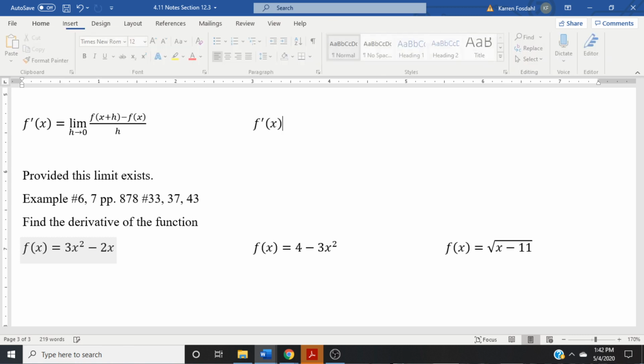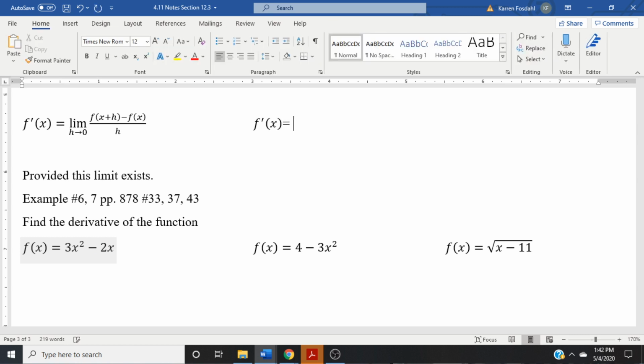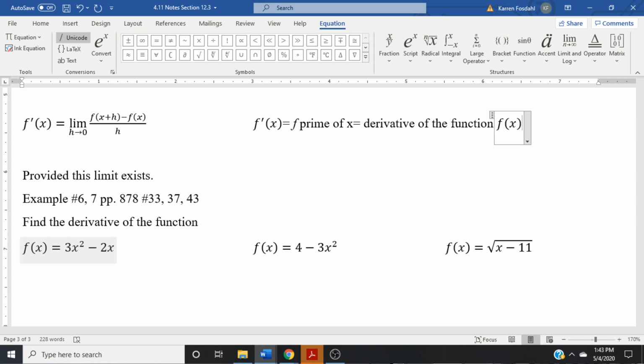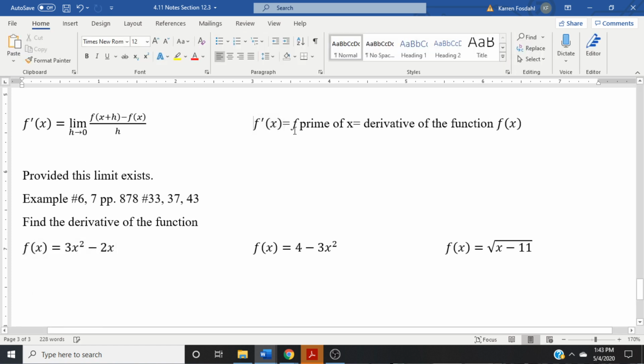That is equal to the derivative of the function f of x. This is crucial stuff right here. So this is the meat.